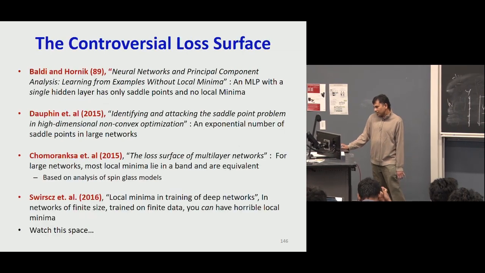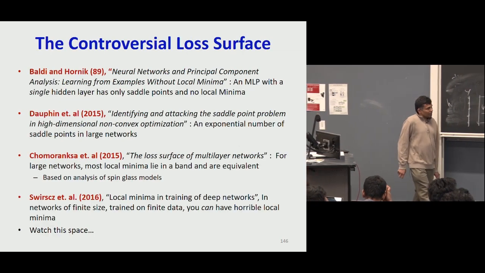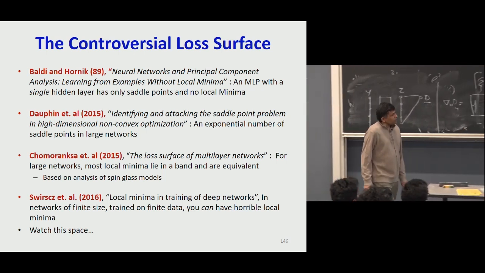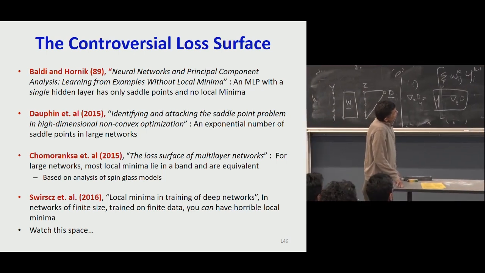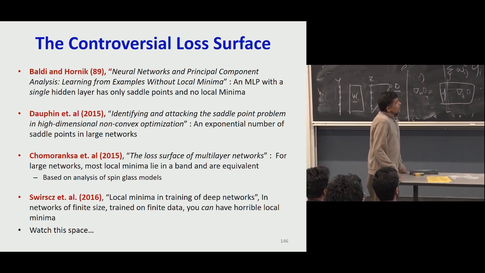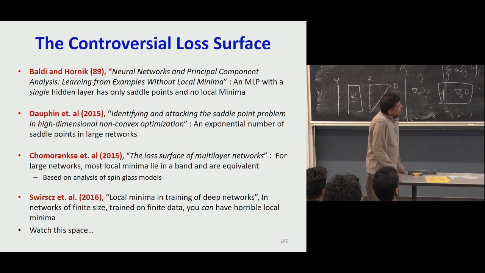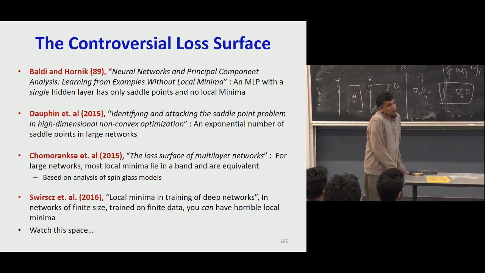So trying to interpret what the loss function looks like, you have so many different papers. Baldi and Hornik in '89 say an MLP with a single hidden layer has only saddle points and no local minimum. On the other hand, Dauphin in 2015 says it has an exponential number of saddle points in large networks.